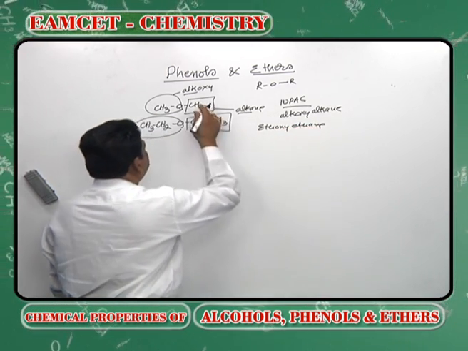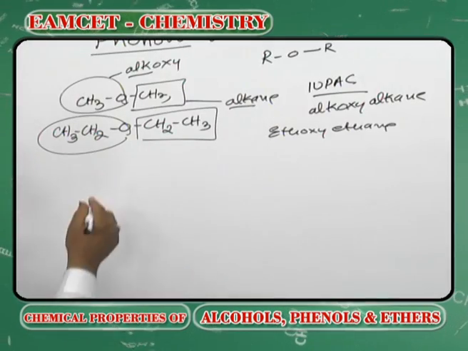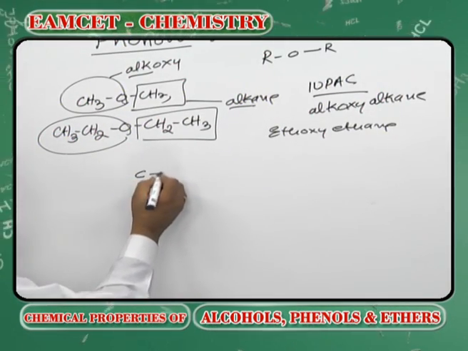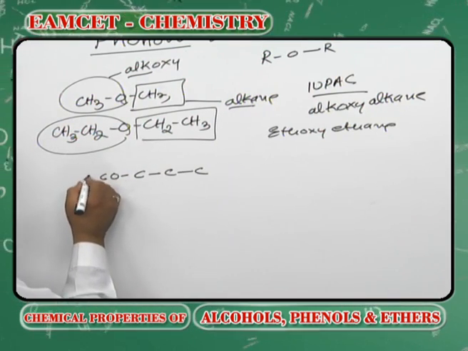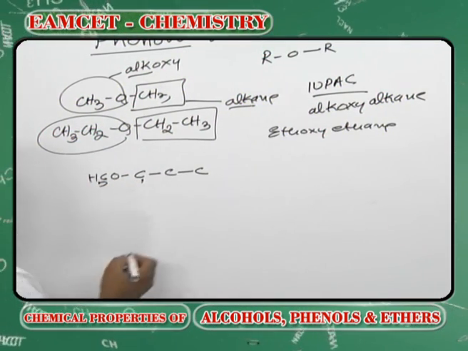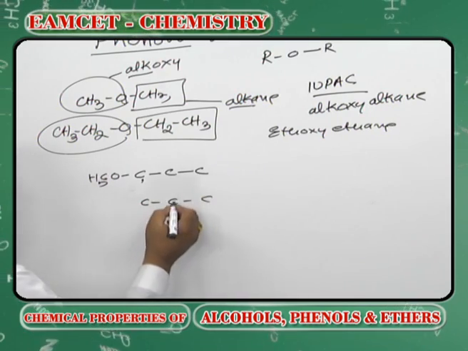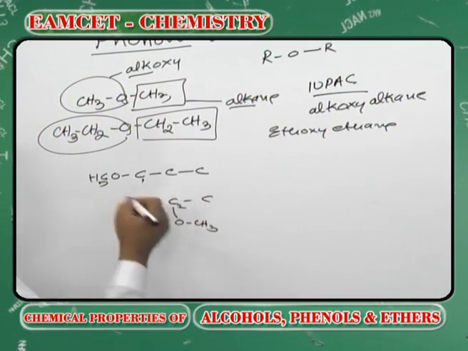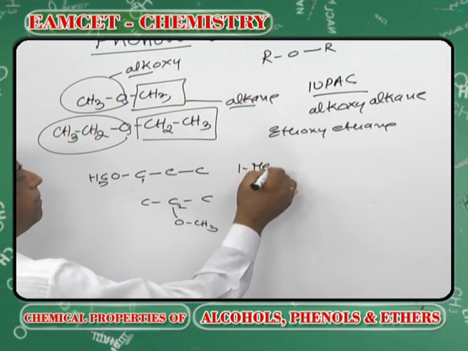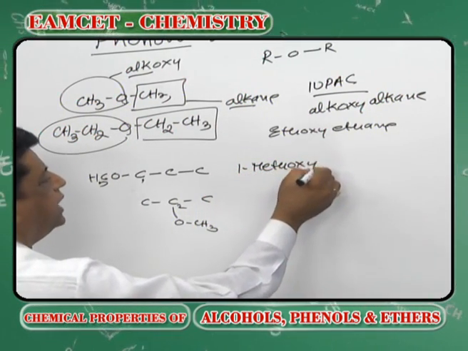Common names are dimethyl ether, diethyl ether, and so on. If the alkane is propane, the methoxy can be on the first carbon, and methoxy can be on the second carbon also. So the first one is called 1-methoxypropane.